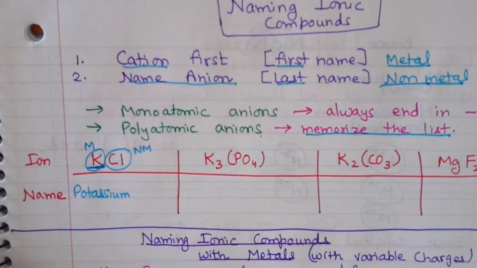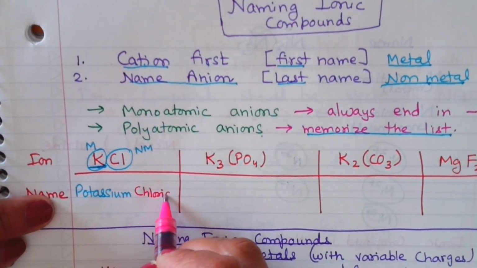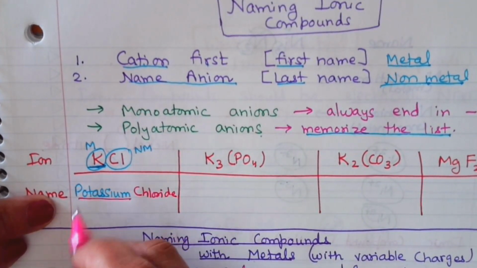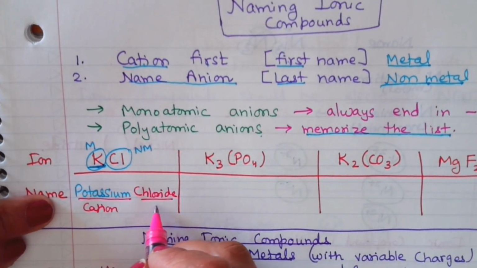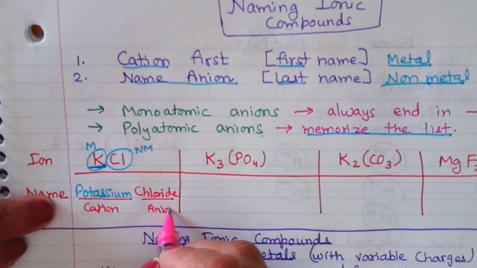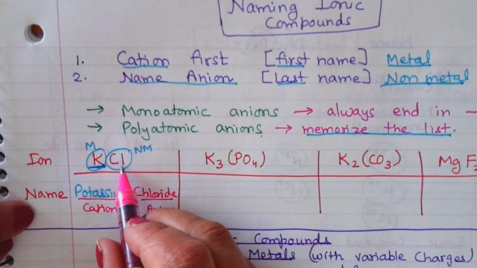So potassium chloride: the name of the cation and the name of the anion. This is how we name this compound.